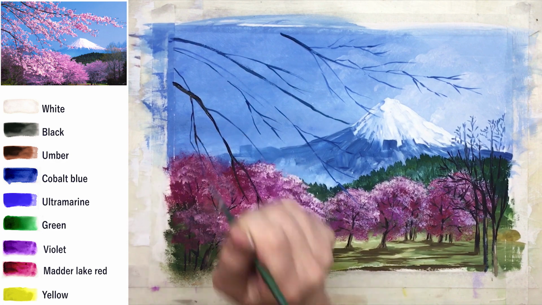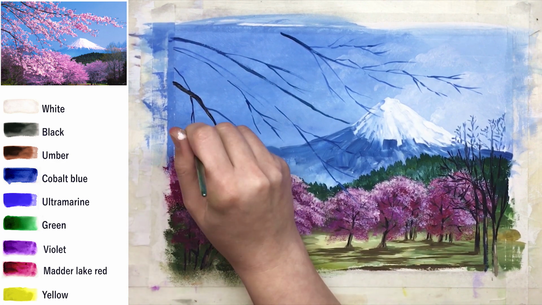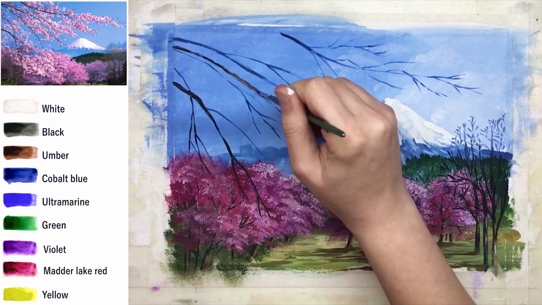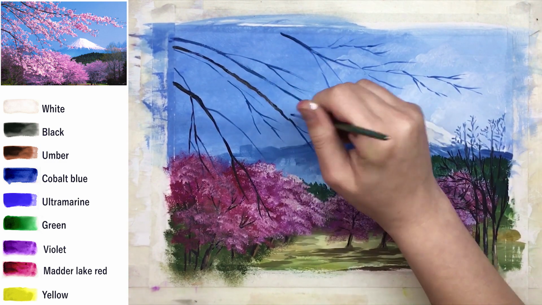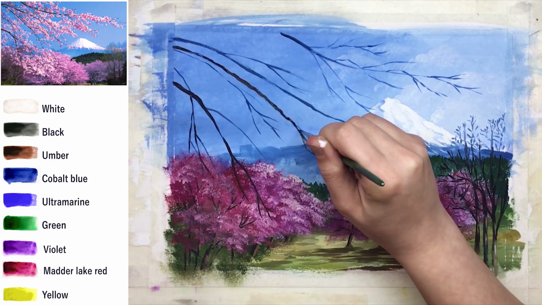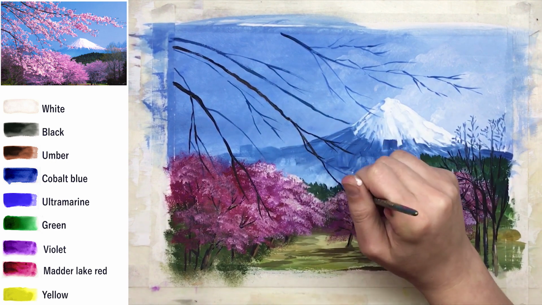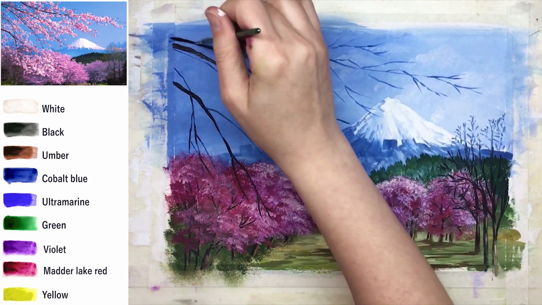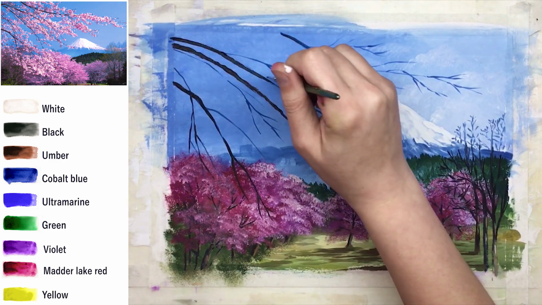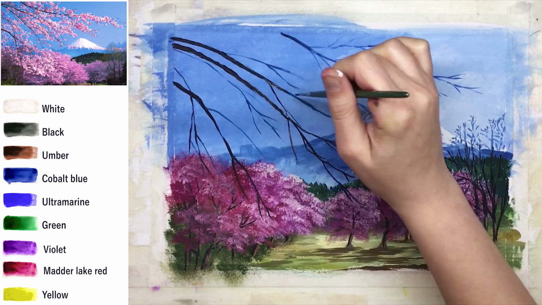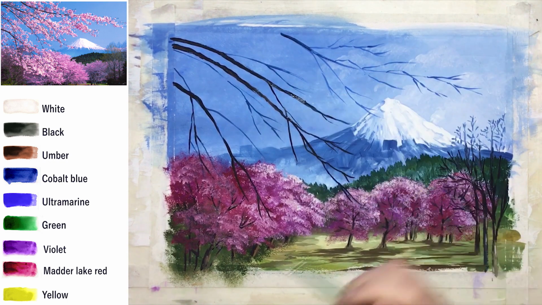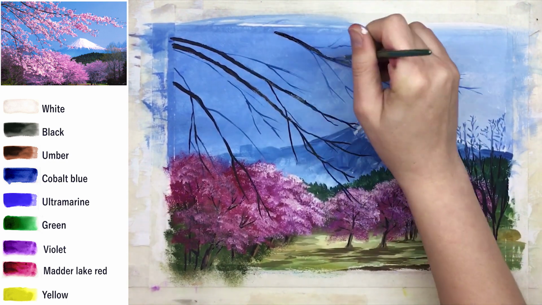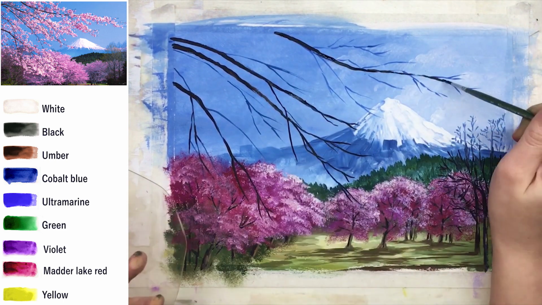Now I mixed black and burnt umber, and the biggest branches I'm doubling with this shade. And look, those blue branches look so realistic now. I'm not going to paint everywhere with black and brown.